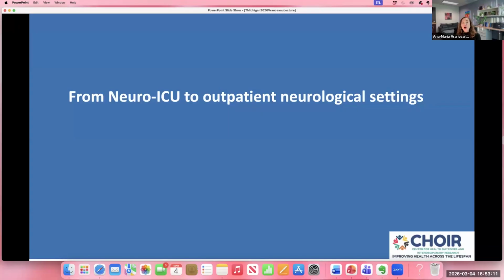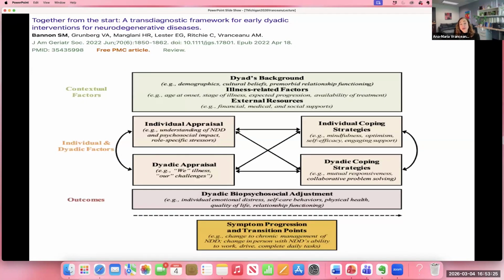So we've talked about the research in the Neuro ICU, Recovering Together, and adaptations of Recovering Together. In the last few minutes, I want to talk about moving this work from the Neuro ICU to outpatient neurological illness. We developed this transdiagnostic framework that allows adaptations of Recovering Together to other outpatient neurological populations.